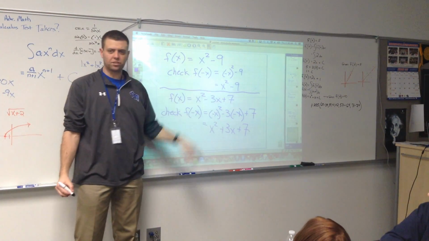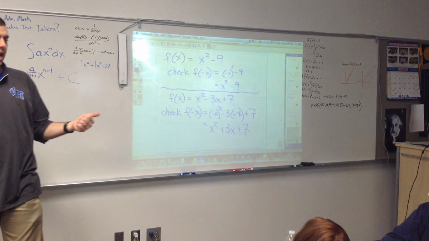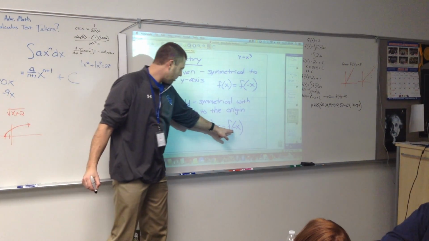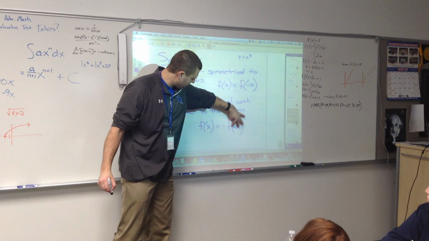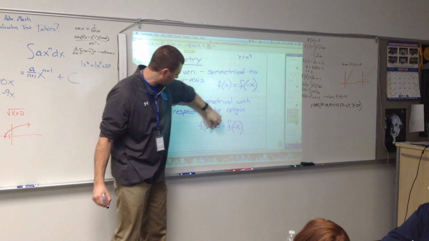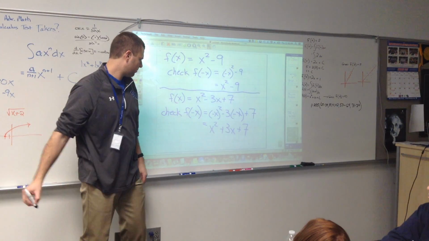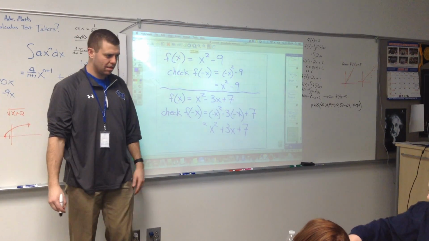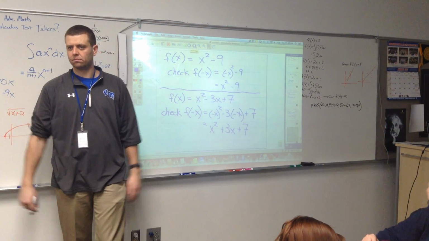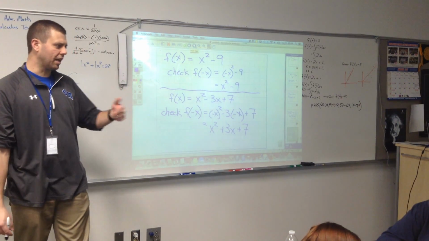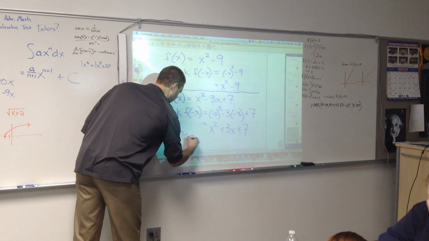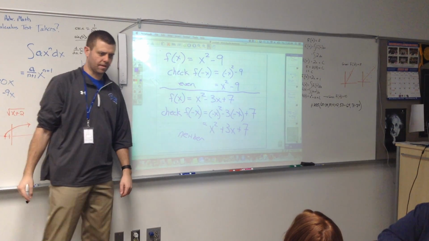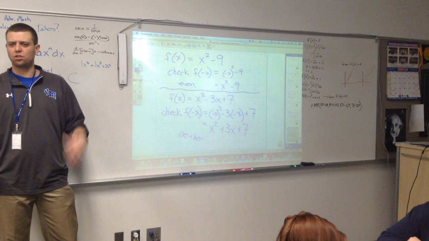So is that the same thing as what I started with? No, so it's definitely not even. Is f of negative x the exact opposite of the original function? No. That term was opposite, but are the other terms opposite? No. So it's not odd, so it's neither. It's not even, it's not odd, this would be neither. Okay? So that's how you check even, odd, neither.